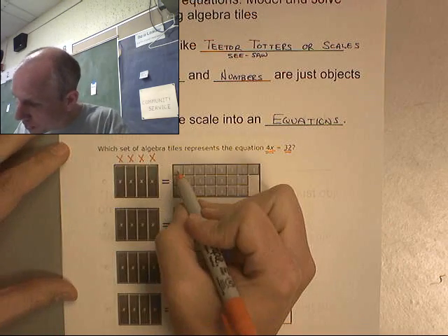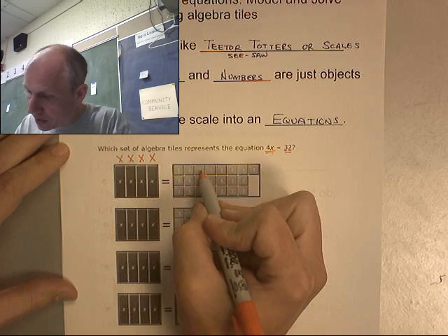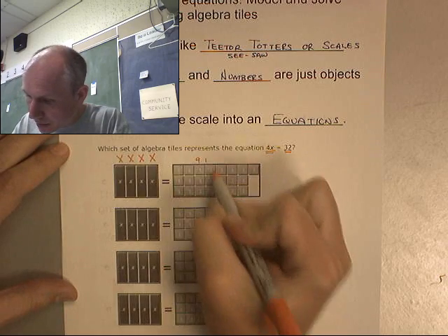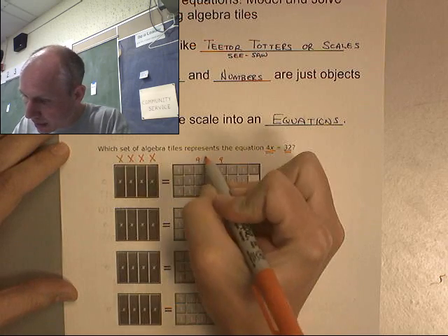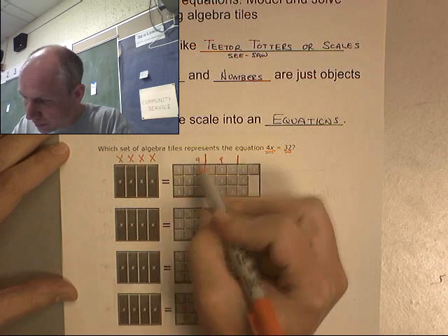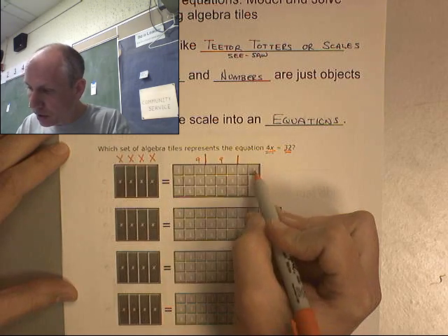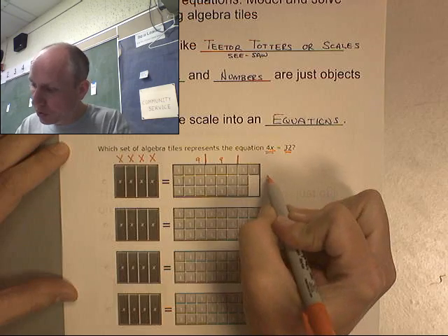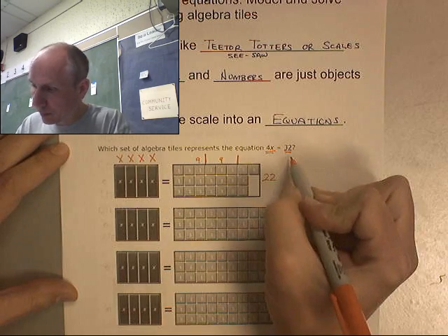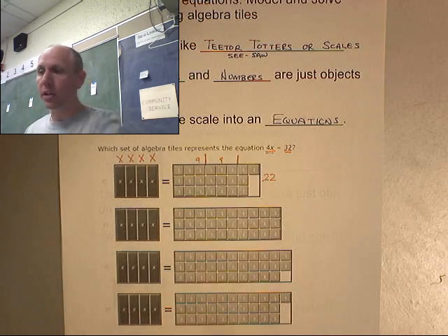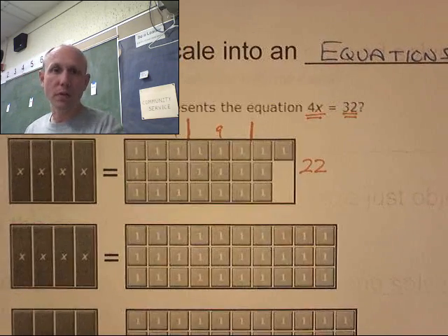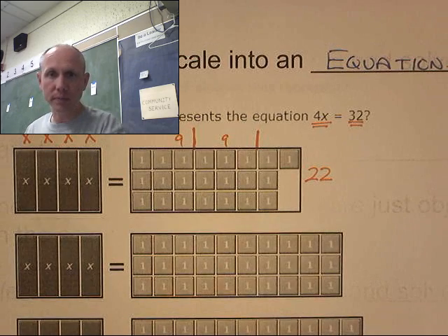Well, which one of these has 32? This is 3, 6, 9. Right, that's 9. So this is 18, 19, 20, 21, 22. This is 22. Well, I need it to equal 32. So 4x equals 32.